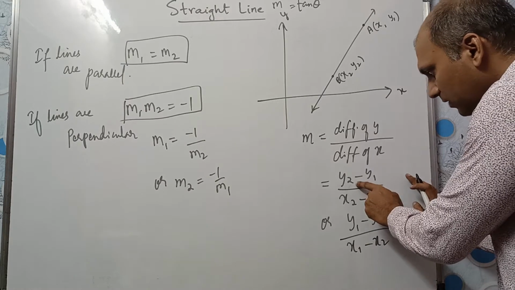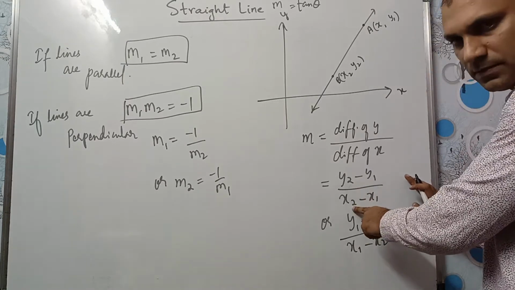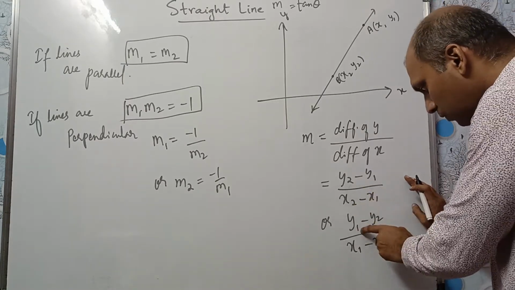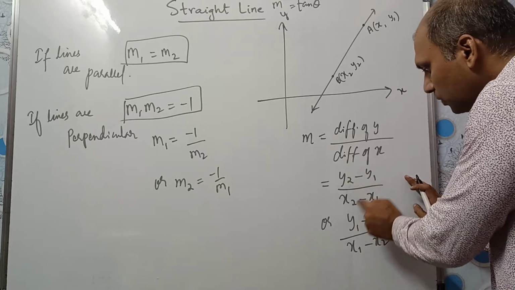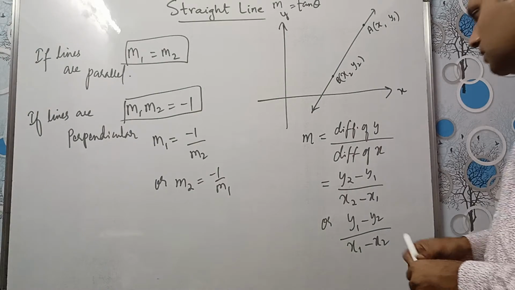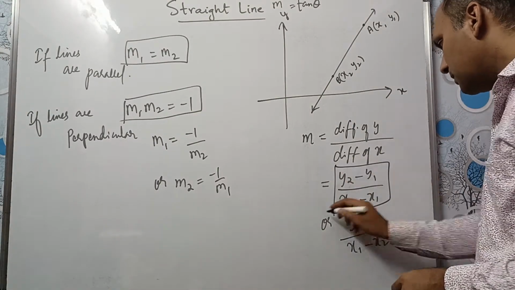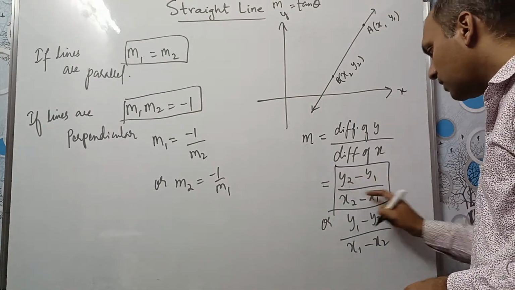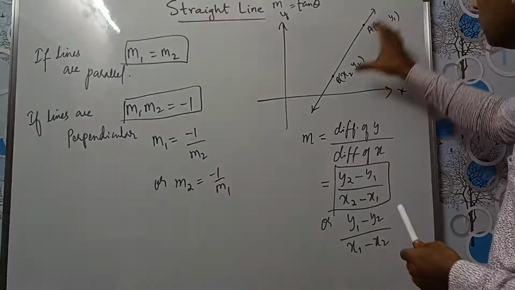If you are writing y2 first, write x2 first here: 2 1 2 1 or 1 2 1 2. Don't write 2 1 and 1 2 here, it will be wrong. So you can write the slope as (y2 minus y1) by (x2 minus x1) if two points are given to you.